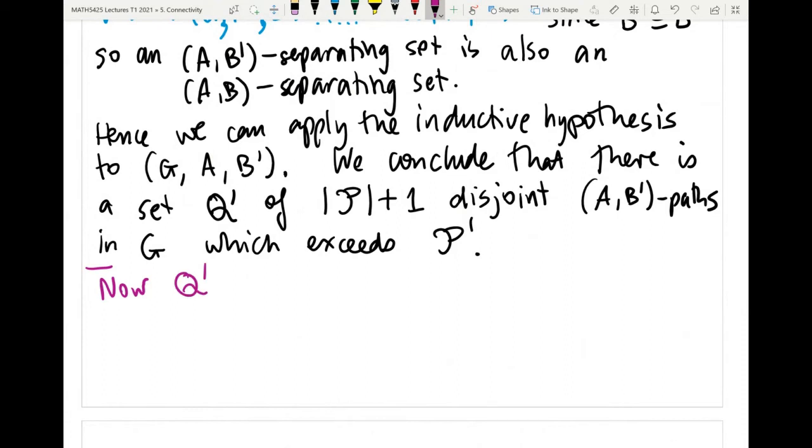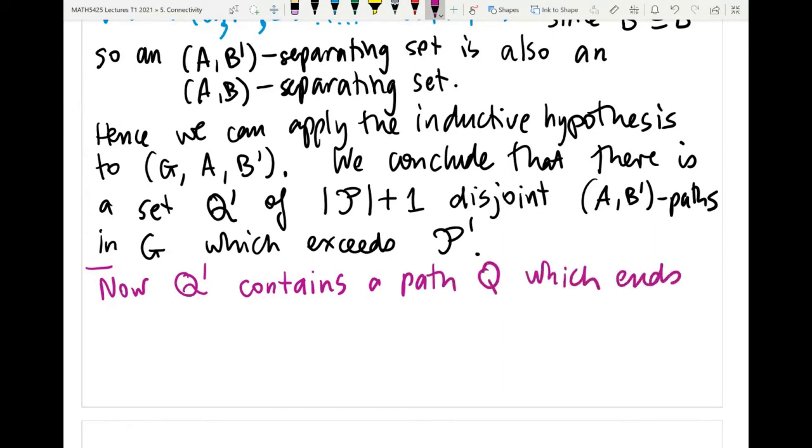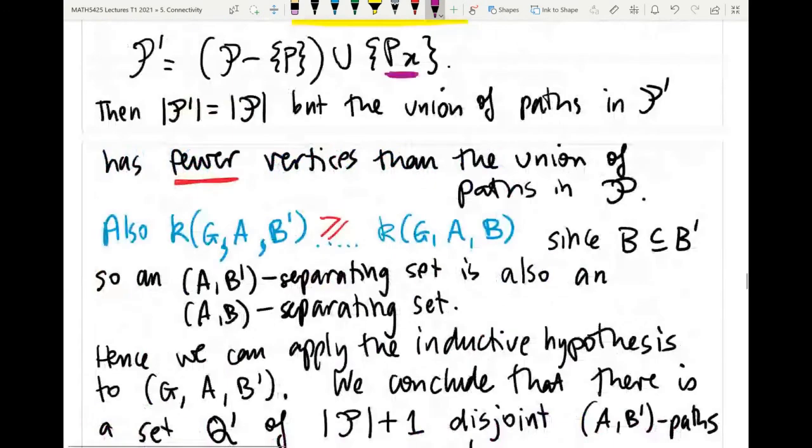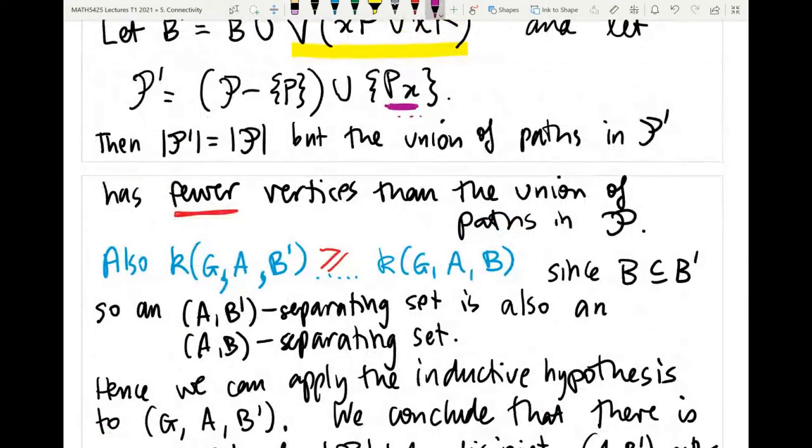Because curly Q primed exceeds curly P primed, okay, we have this. It contains a path Q which ends in X. Okay, we know that because curly P primed had a path ending in X, and that's what exceeds gives you.